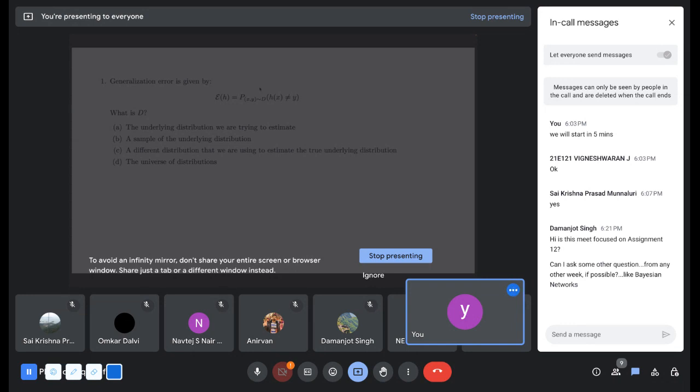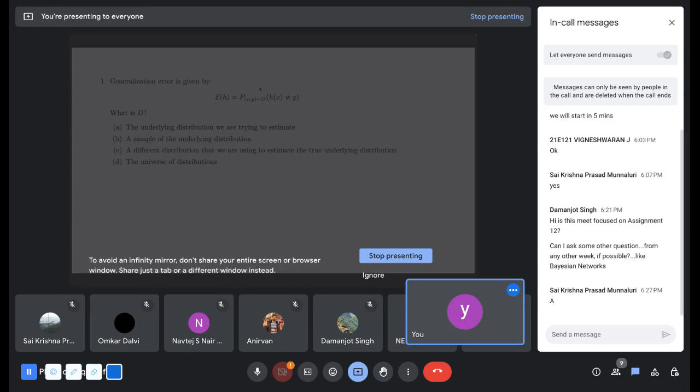But this is the agnostic setting, where you draw both the data and labels from an underlying distribution which you don't know. So what is D? D is the distribution. Typically we don't estimate the distribution, but this is the most relevant answer here.